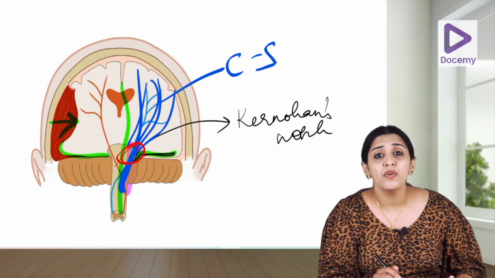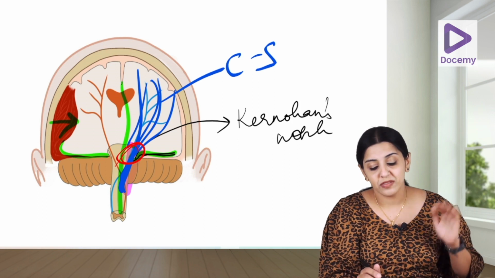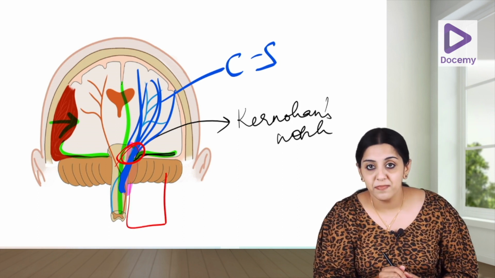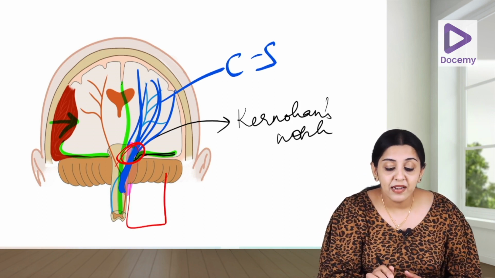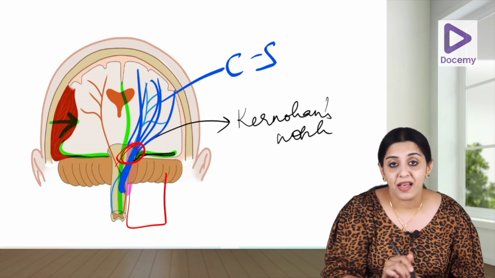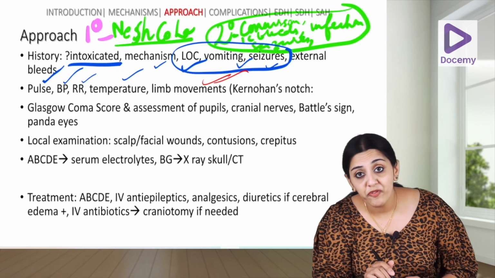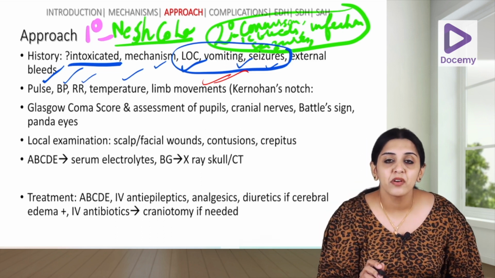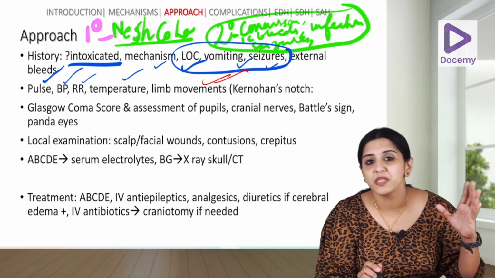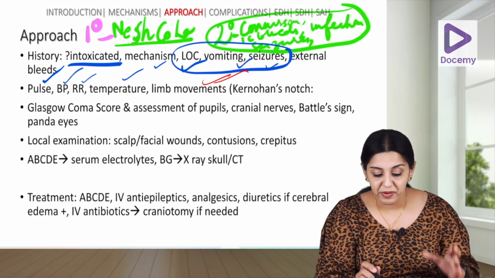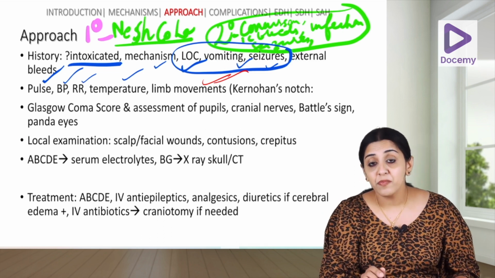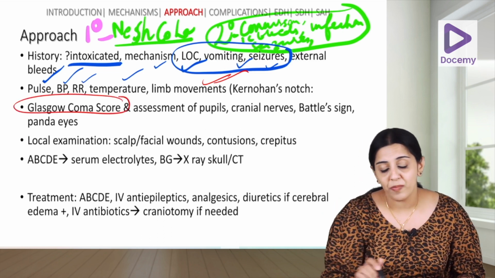It can lead to weakness of this part of the limbs. So it can lead to contralateral hemiparesis. So the limb movements, if decreased, might be a clue that there is a bleed which is expanding inside the brain. The next and the most important one is Glasgow Coma score.